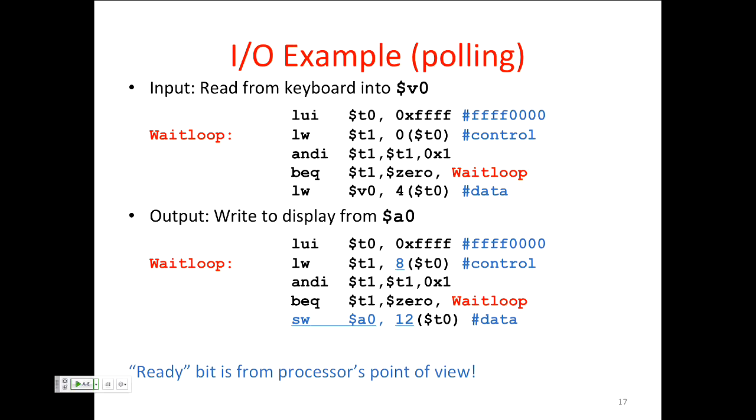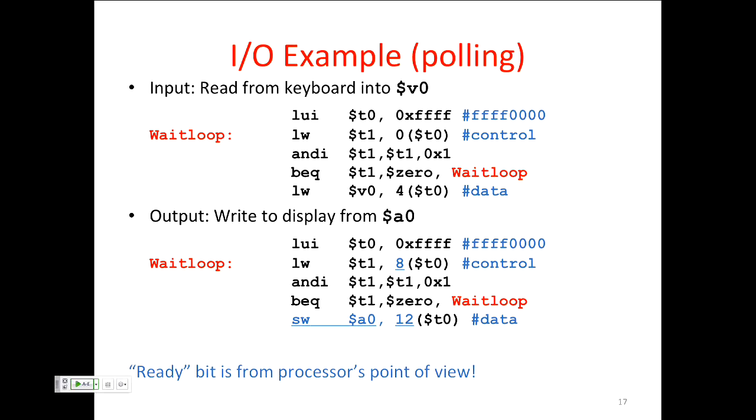This control bit would give you a way of saying, no, you have to wait before you send me more data. The way that works is very similar. You read the content of this control bit, load it into a register, you check whether it's 1, and if it's not 1, you go back to this loop and you continue until you actually are ready, and then you store it to that location. So this is how you can input or output to a device.